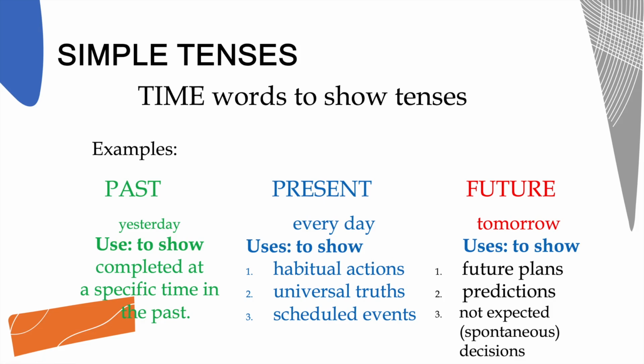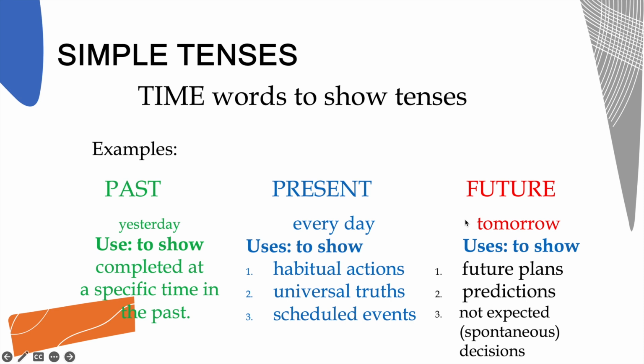For example, universal truths: the sun sets in the west. The sun rises in the east. That's a universal truth. That kind of example uses the simple present, rises or sets, because it's true universally and always true.